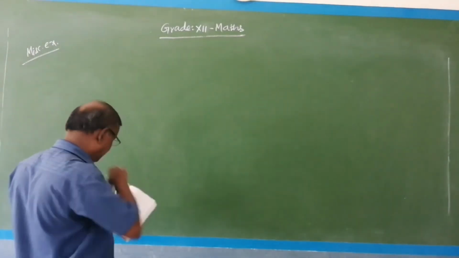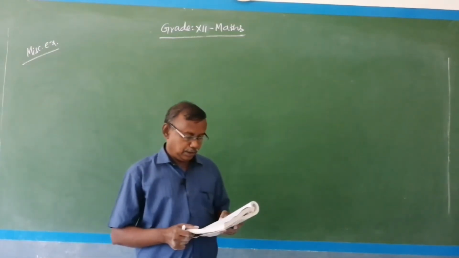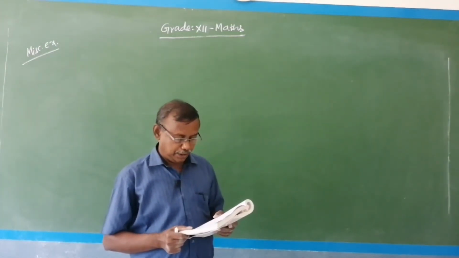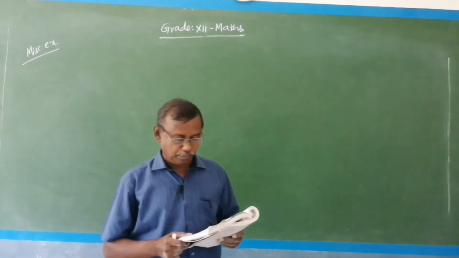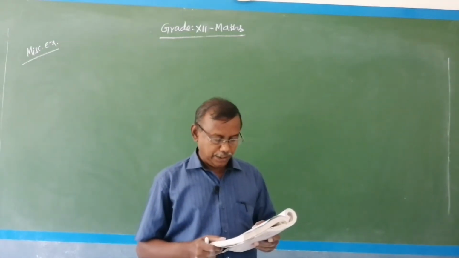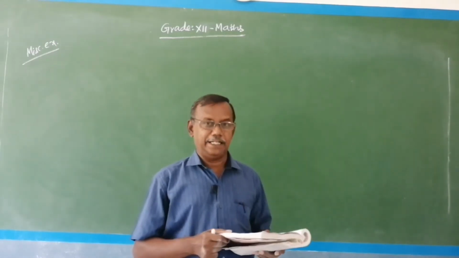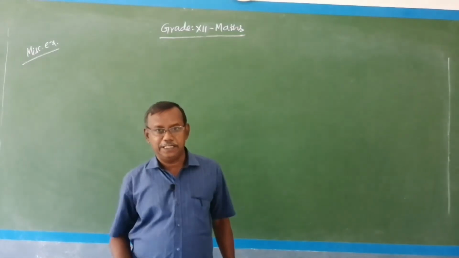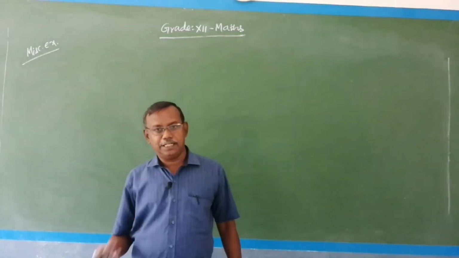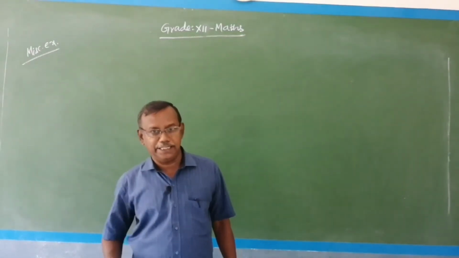Next, question number 15. The population of a village increases continuously at the rate proportional to the number of its inhabitants present at any time. That means the rate of increase of population is directly proportional to the population at any time t.